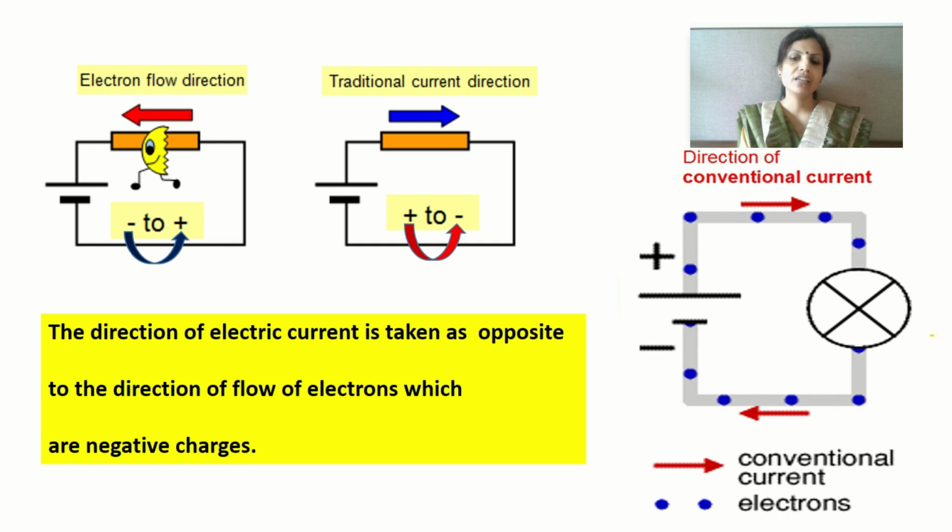Have a look at that. The blue dots are the electrons and they are flowing from the negative to the positive terminal of the battery. But the direction of conventional current is shown by the red arrow, which is from the positive to the negative terminal of the cell or battery.